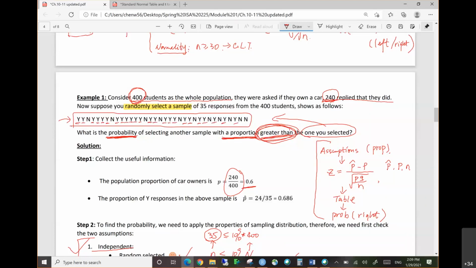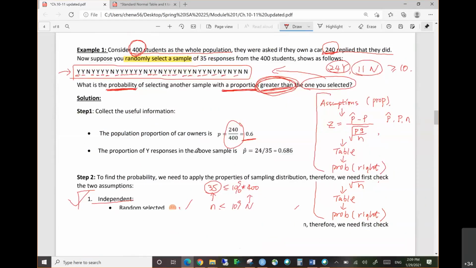Right? So that means I have 24 yeses. The other 11 of them will be no. So I have 24 successes and 11 failures. Both of these are larger than or equal to 10.